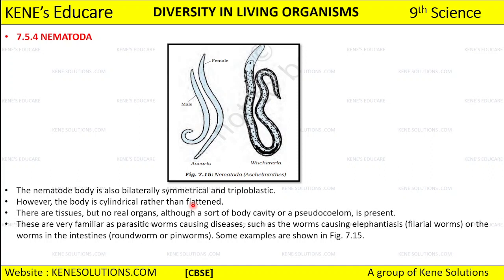And there are tissues but no real organs. ठीक है, टिश्यूज तो होंगे एस्कैरिस के अंदर, विचेरिया के अंदर, but you will see that there are no real organs, although a sort of body cavity or pseudocoelom is present. Pseudocoelom means false cavity. So either a body cavity can be present or a false cavity can be present here.